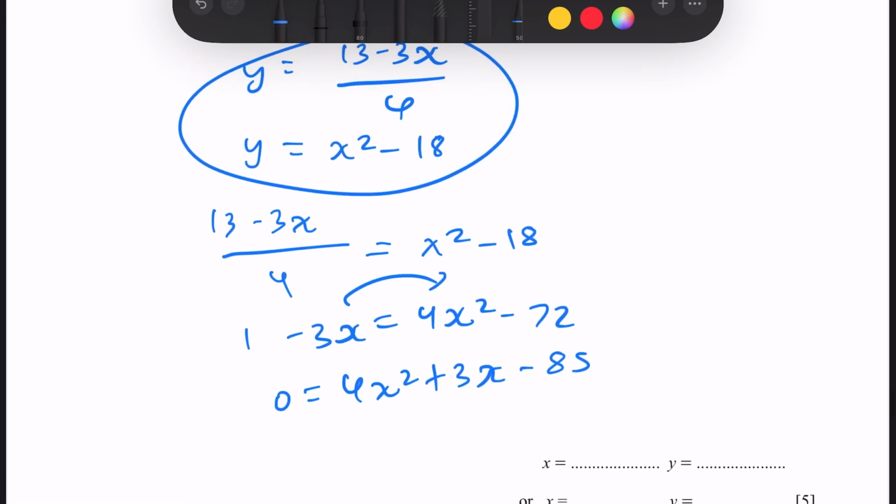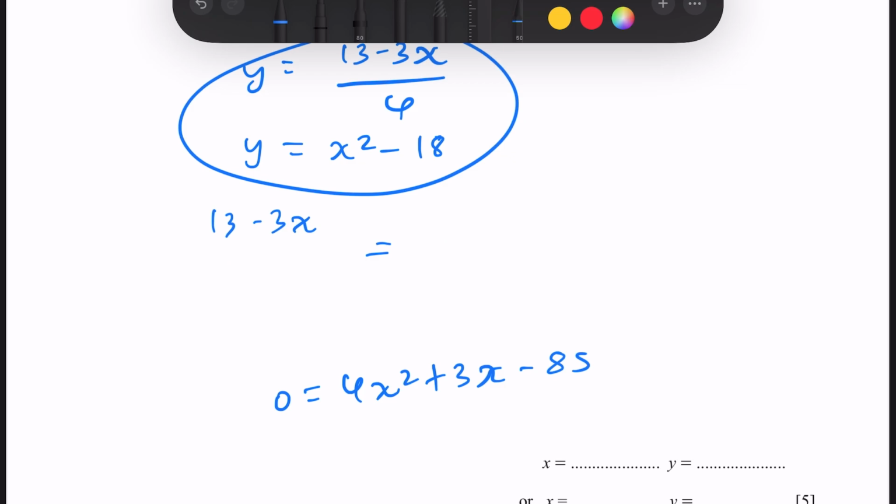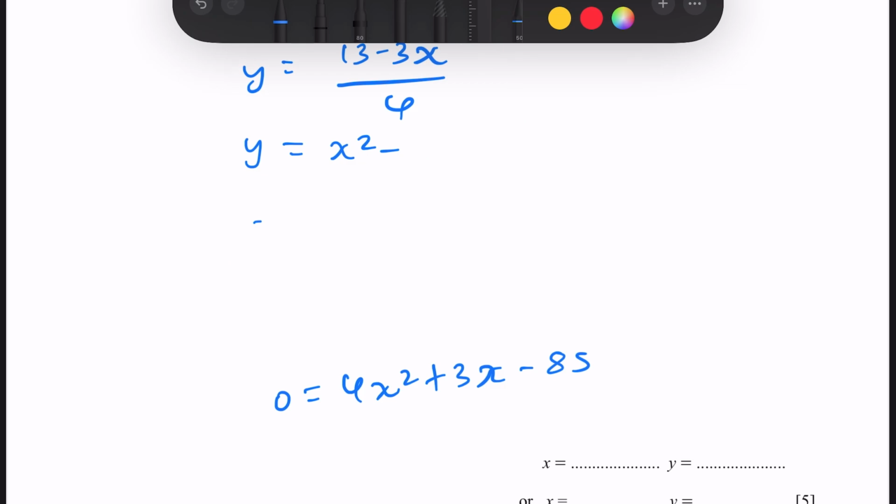Now after this, we can use the quadratic formula to find the two roots, which would help us get the value of x when 4x squared plus 3x minus 85 is 0.